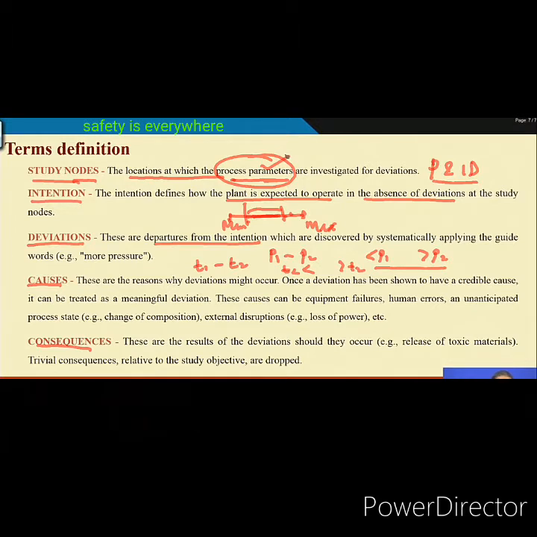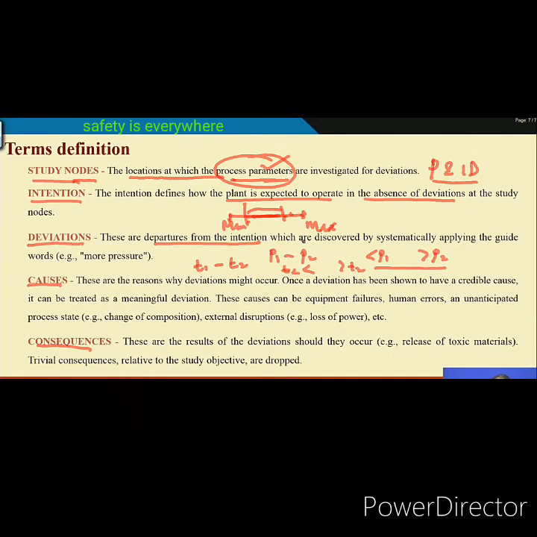But for the time being, understand that you have a big system, you divide it into small systems, you find out the locations where the hazard study will be conducted, you identify the parameters applicable to those locations, and you have appropriate guide words. Like if my parameter is pressure, then more pressure is the deviation and more is the guide word; less pressure is the deviation and less is the guide word. I will show you all those things. A substantial number of guide words will be discussed.